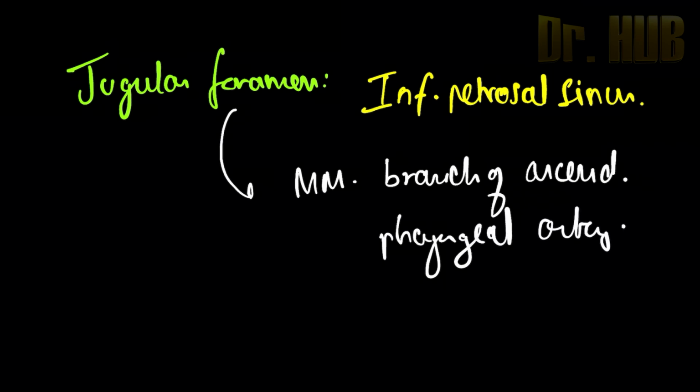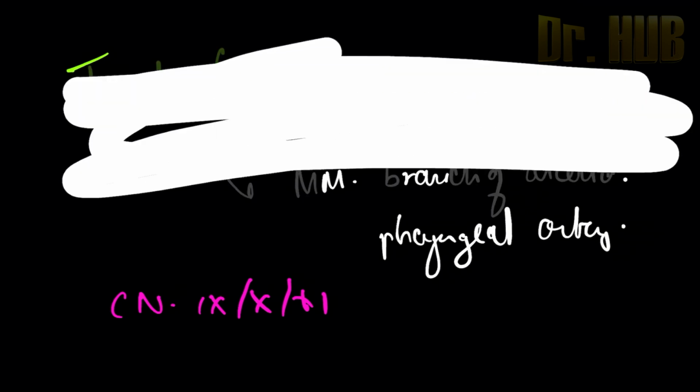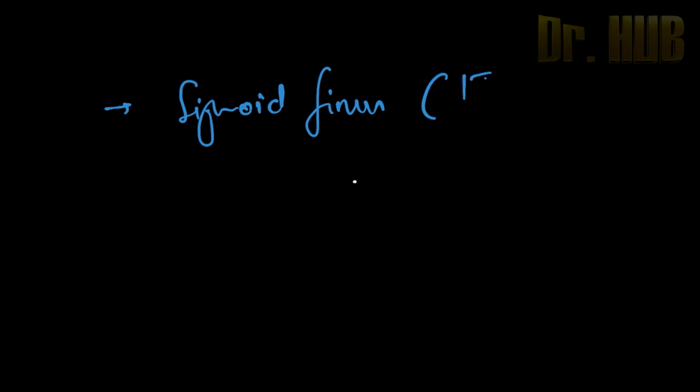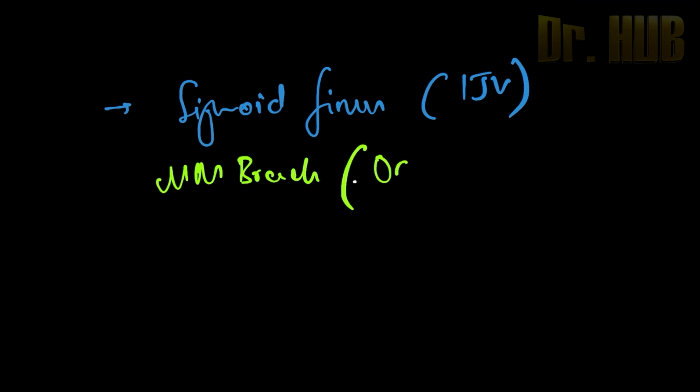Next will be the cranial nerves 9, 10 as well as 11. Then there will be the sigmoid sinus, which continues as the IJV, as well as the middle meningeal branch of the occipital artery.